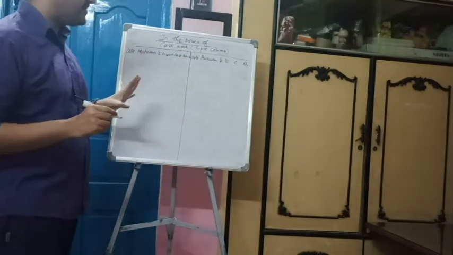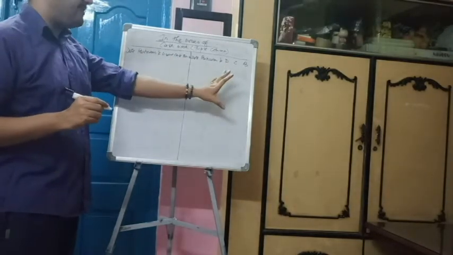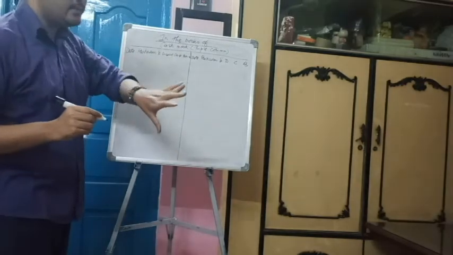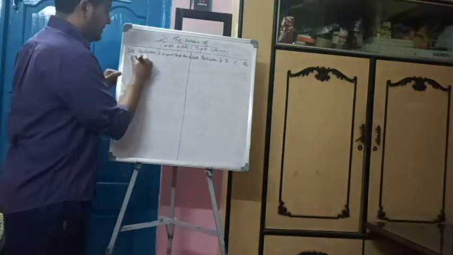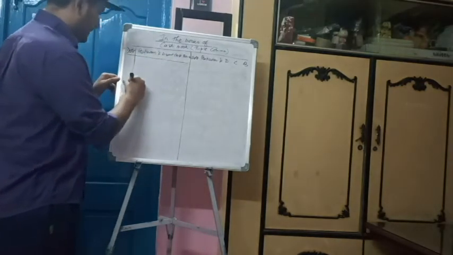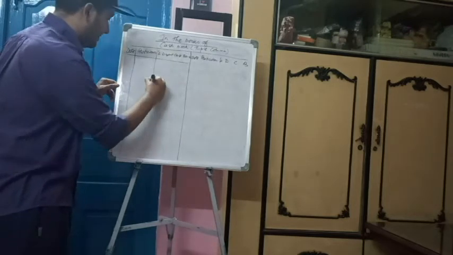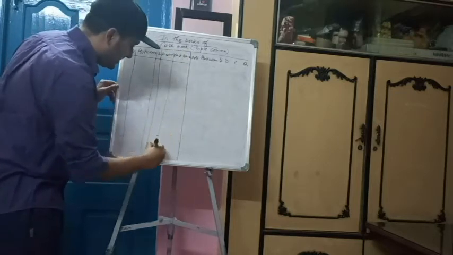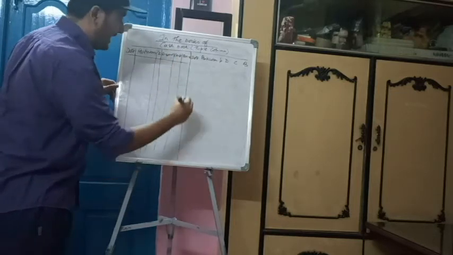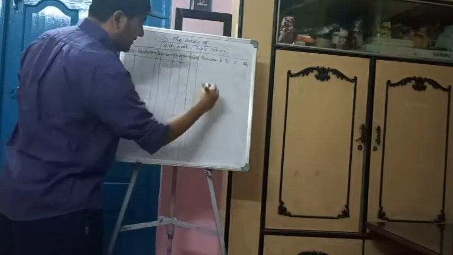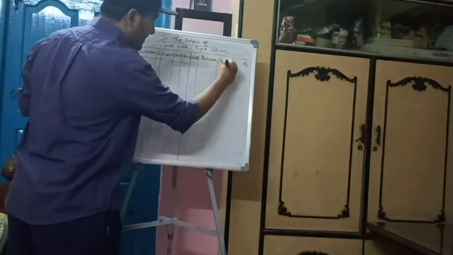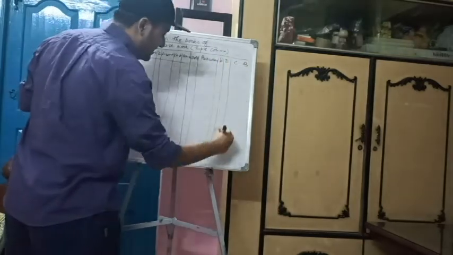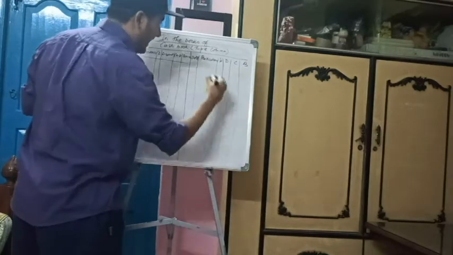Because of shortage of space, I am just writing the abbreviations so that it is easy for you to understand. Date, particulars, ledger folio, discount, cash and bank. Similarly here, date, particulars, ledger folio, discount, cash and bank.